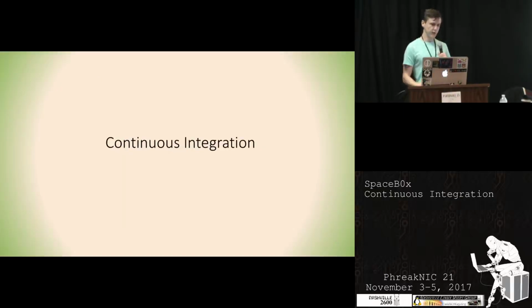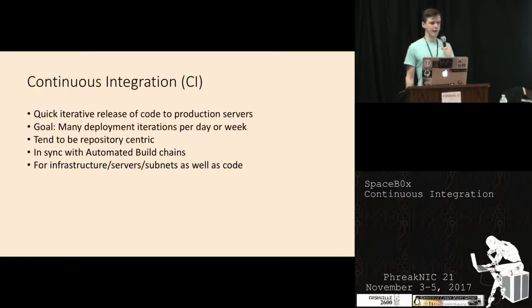So we need to at least set some definitions before we get any deeper. Continuous integration at a high level is the tools that are in place to quickly and iteratively release code into production environments. The goal, especially for development shops, is to have many iterative releases per day.